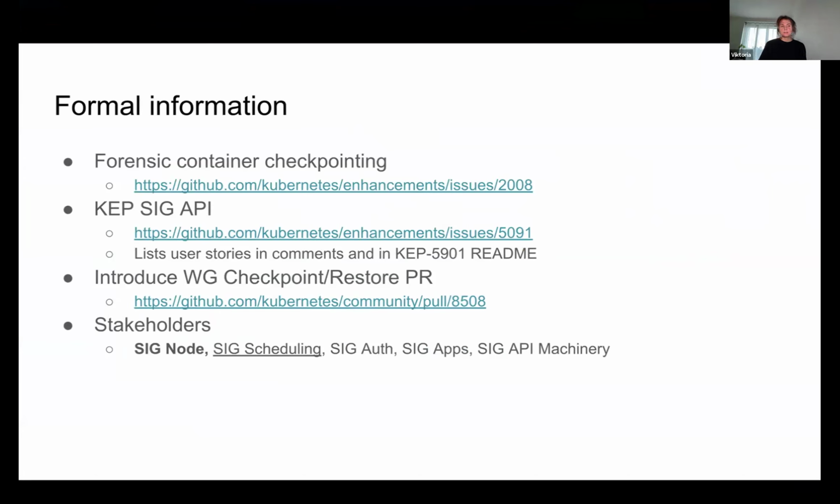And from there, we would like to move to enabling a general checkpoint restore in Kubernetes. There is an open KEP in SIG API regarding creation of a checkpoint restore API in Kubernetes.